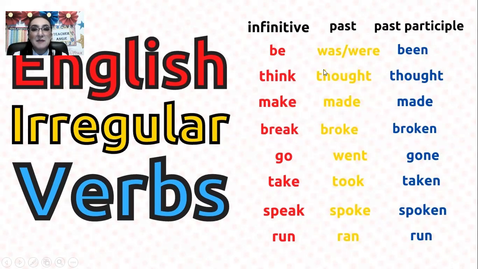They are the same in past and in past participle, but these two are different from the verb in present or in infinitive. Break, broke, broken. Go, went, gone. Take, took, taken. Speak, spoke, spoken. Run, ran, run.